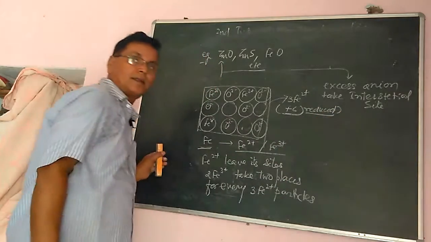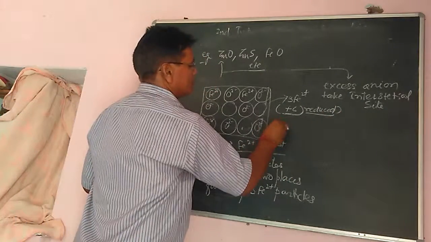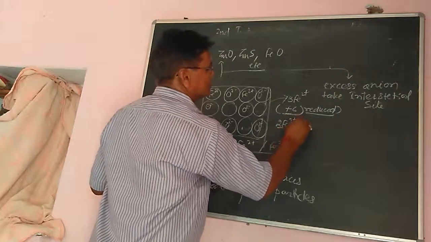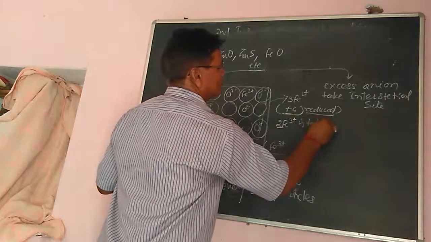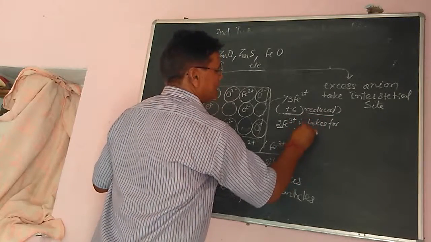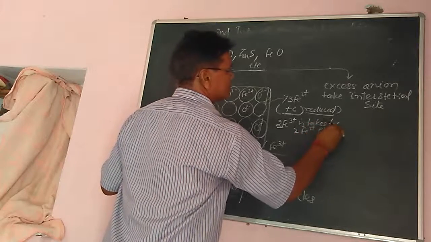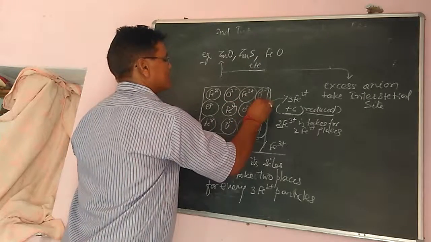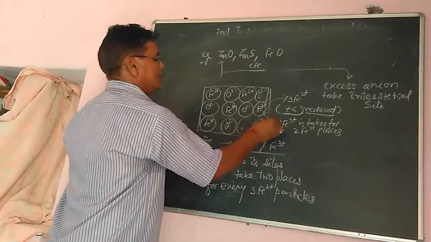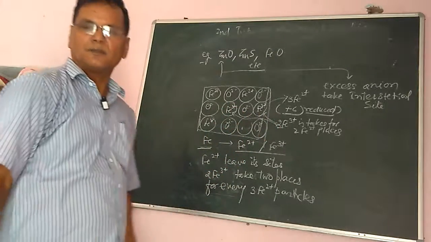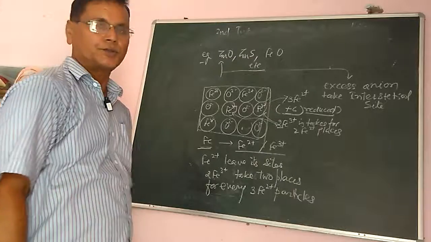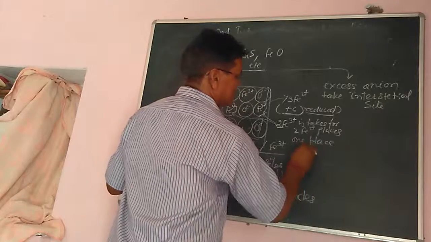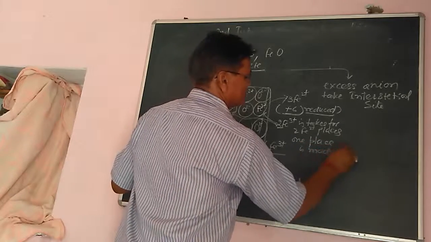So to maintain electrical neutrality, 2 places of Fe2+ are taken by Fe3+. 2 places are taken by the similar metal ions having higher oxidation state, and one place is made vacant.